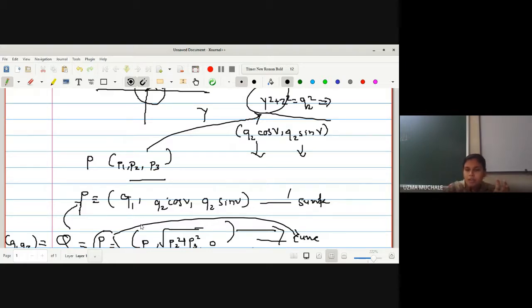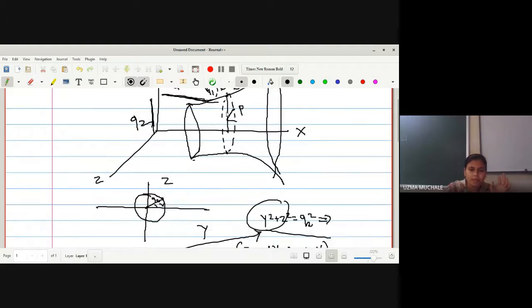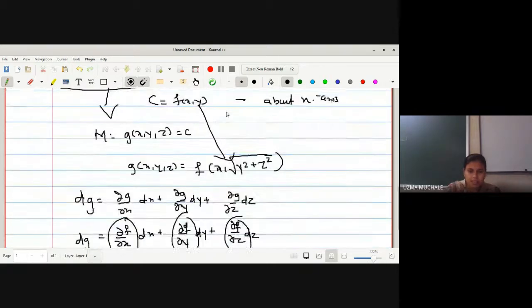What is r now in this case is the y coordinate, that is q2. This distance is the y coordinate, this is q2 and this is q1. Whatever we have seen in the last lecture.